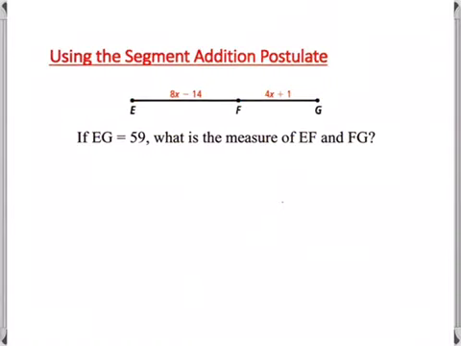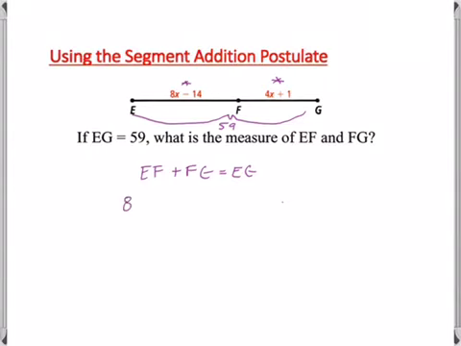So here we're using the segment addition postulate in order to find the measure of EF and FG, and we have to do this algebraically. So we know that EG, or the entire measurement, has a length of 59. But we also know that if we take this piece plus this piece, it should equal EG. So EF plus FG equals EG.